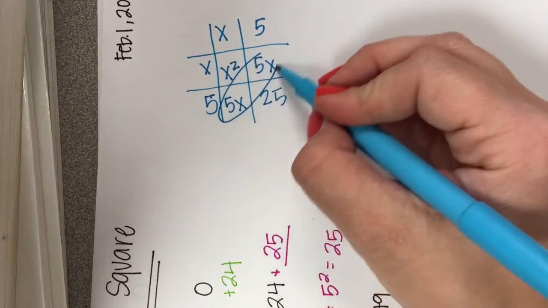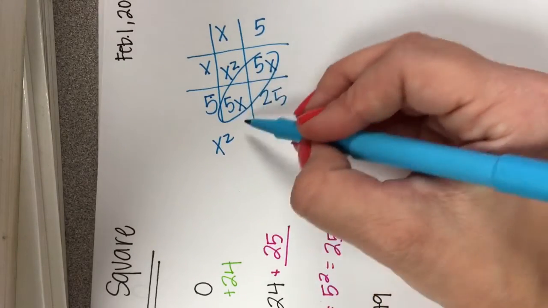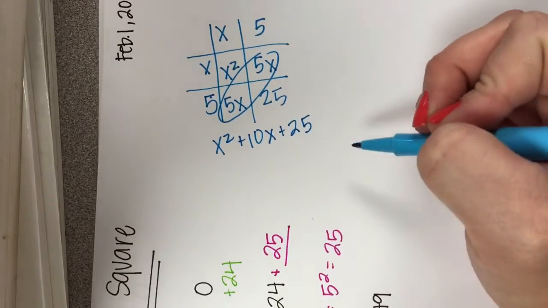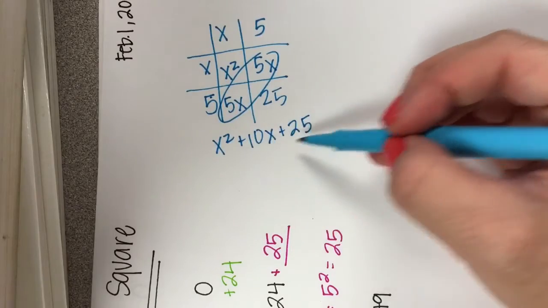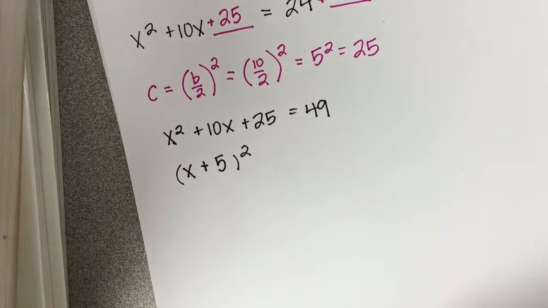When I combine my like terms, I have x squared, these two together make 10x, and then 25. So I just factored that perfect square trinomial into x plus 5 squared, which just means x plus 5 times x plus 5.